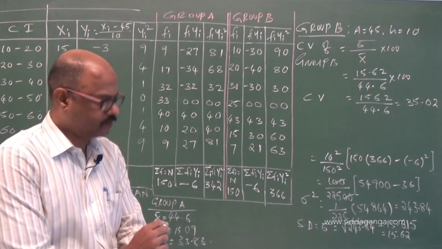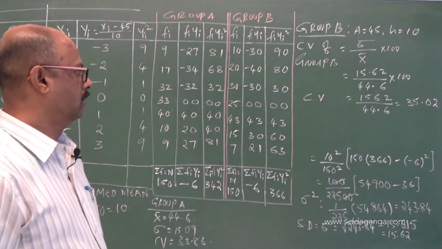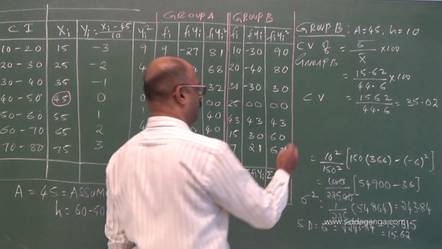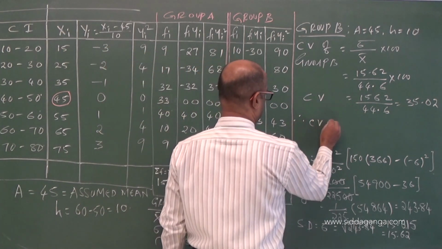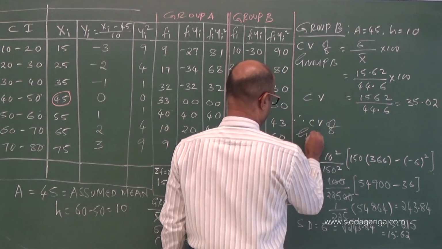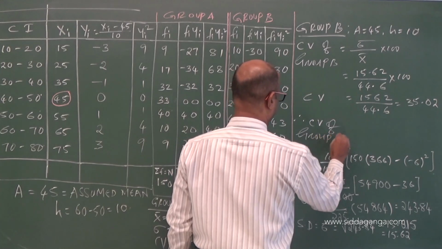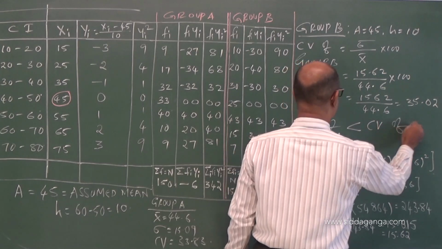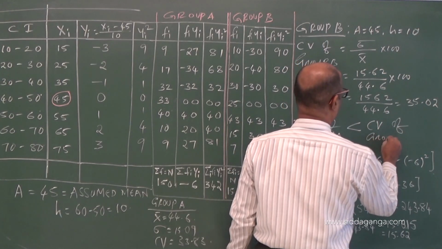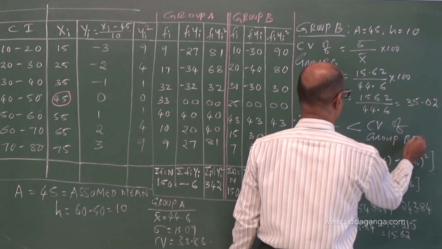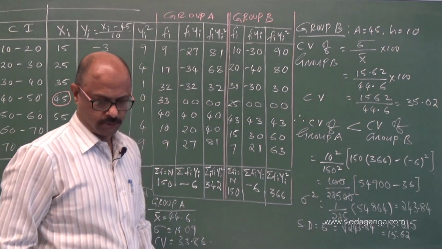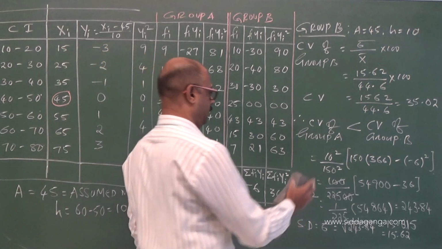Now we will calculate CV of group A. Therefore, conclusion. CV of group A is lesser than CV of group B. Look at the CV.